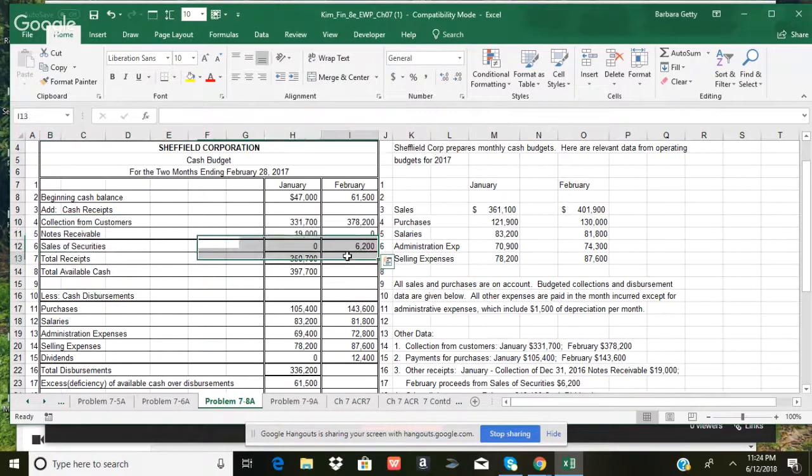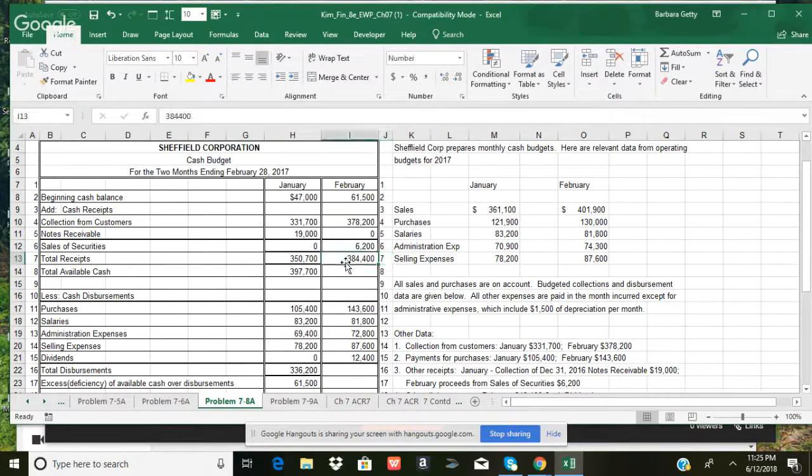So the next thing we have to do is just to total up our cash receipts, because these are all of our cash receipts, the $378,200 and the $6,200, which comes to $384,400.